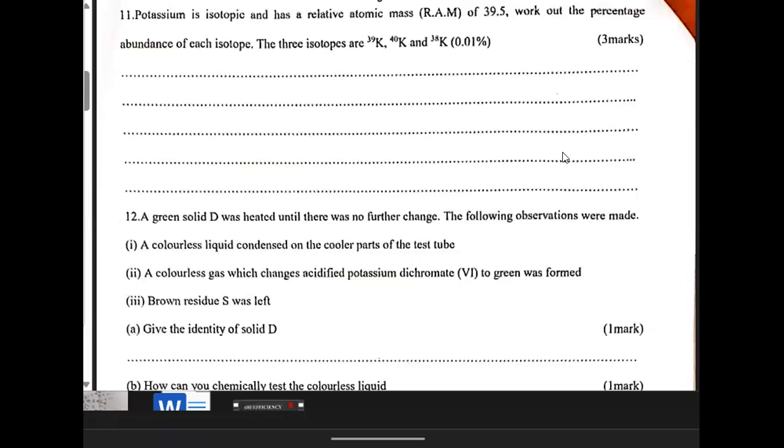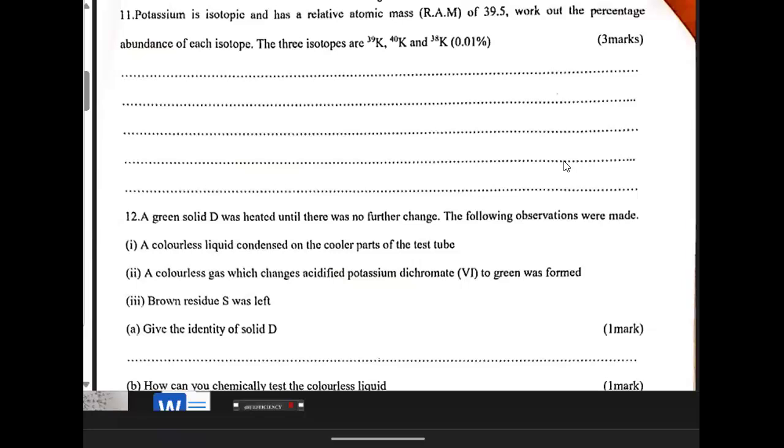Because we are given the one for 38, that one we are going to say 38 times 0.01%. And it is equal to 39.5. The other percentage abundances will be 100 minus 0.01, which is 99.99. So the total for the other two, that is 39 and 40, would be 99.99.